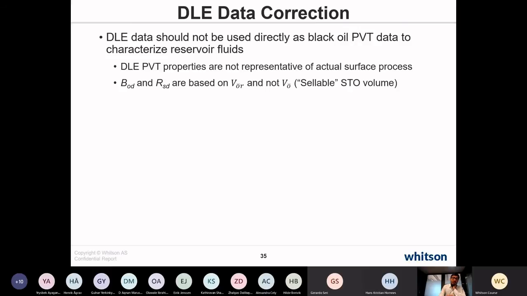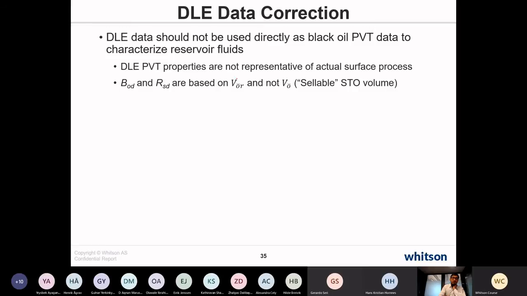The main reason is that the DLE PVT properties are not representative of the actual surface process. We have already seen that BOD and RSD are based on the residual oil volume, and the residual oil volume is not the stock tank oil volume that we generally produce and sell.